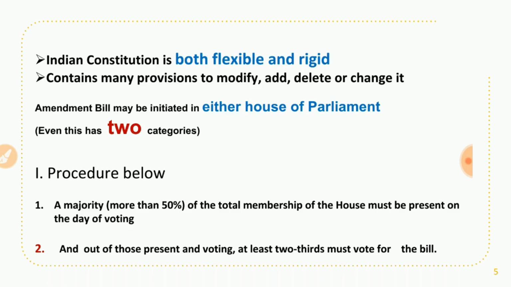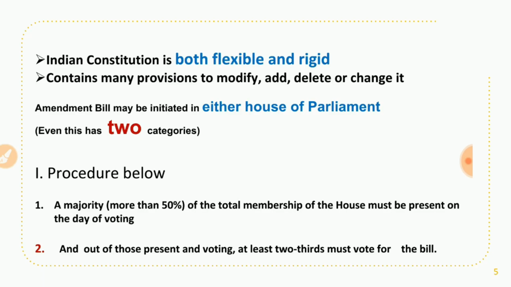Some provisions in the Indian Constitution are easy to change, but some provisions are difficult to change. So some amendments are difficult and some are very easy. That's why we say our Indian Constitution is a combination of easy and complex amendment, and we call it both flexible and rigid.